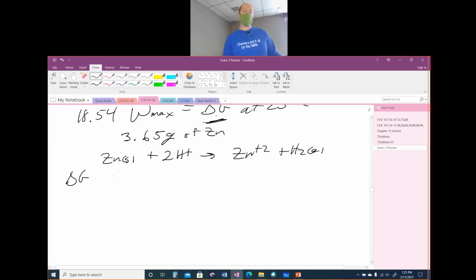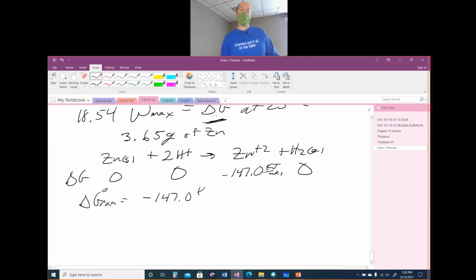Elements in their natural state are 0. H+ is not an element in its natural state, but H+ is 0 off the table. Your Zn2+ is negative 147.0 kilojoules per mole. And H2 gas is hydrogen in its natural state and is 0. So the delta G for this reaction is your products, negative 147.0 kilojoules per mole plus 0, minus reactants, 0 and 0.